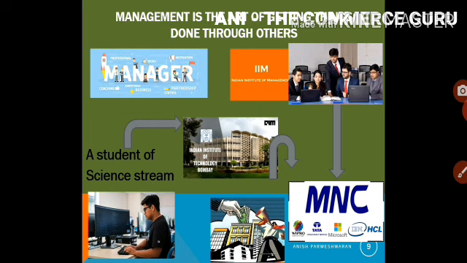And you are in the commerce stream, and if you have the caliber, the aptitude, the interest, and a focused, systematic study, you can be a manager.